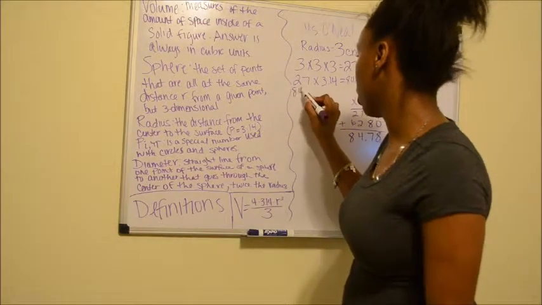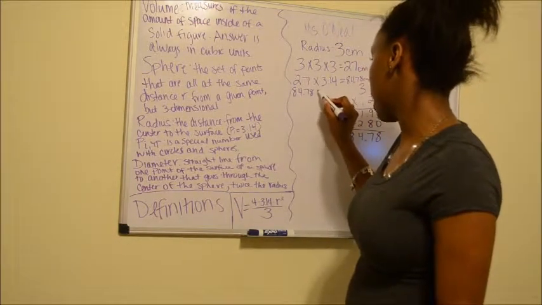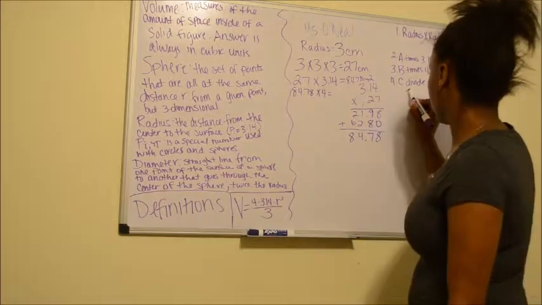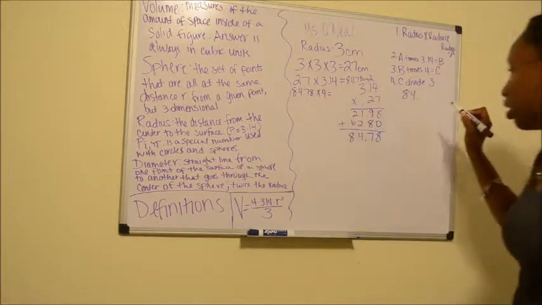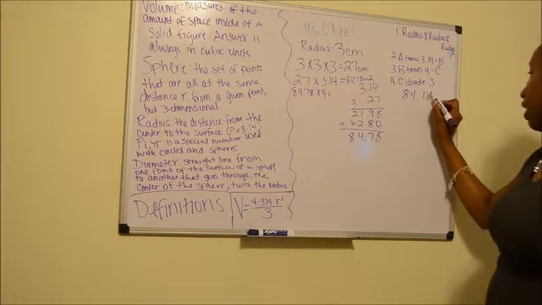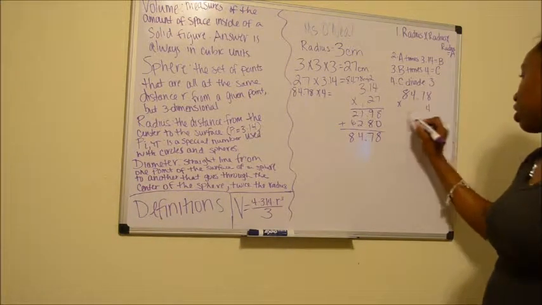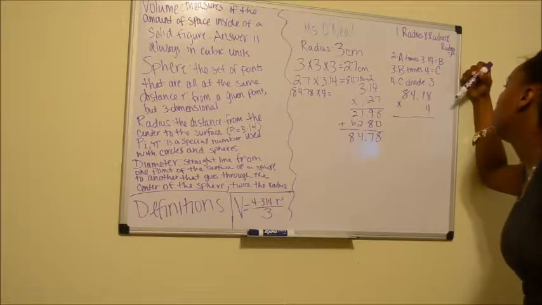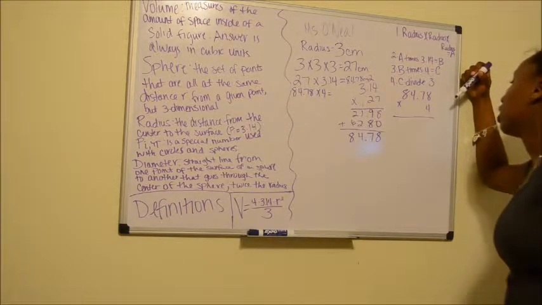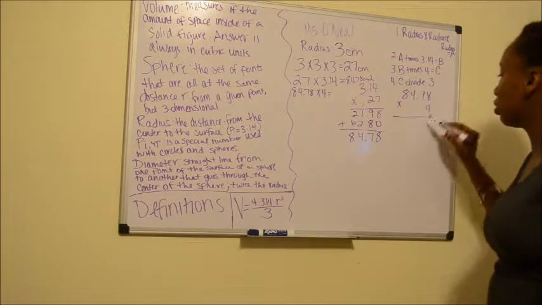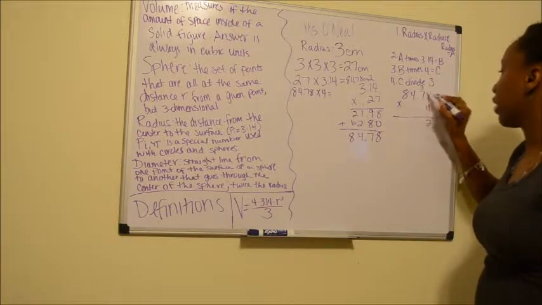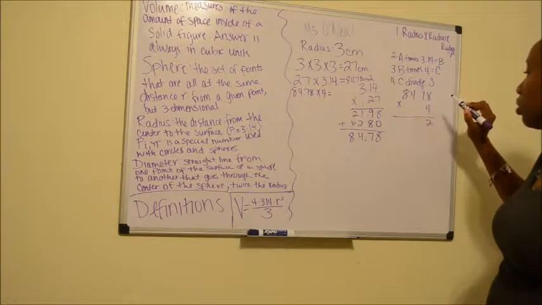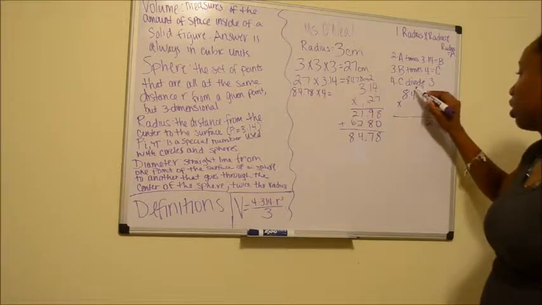So 84.78 times 4 equals, so we're going to go 84.78 times 4. 8 times 4 is 32. Carry 3. 4 times 7 is 28, plus 3 is 31.